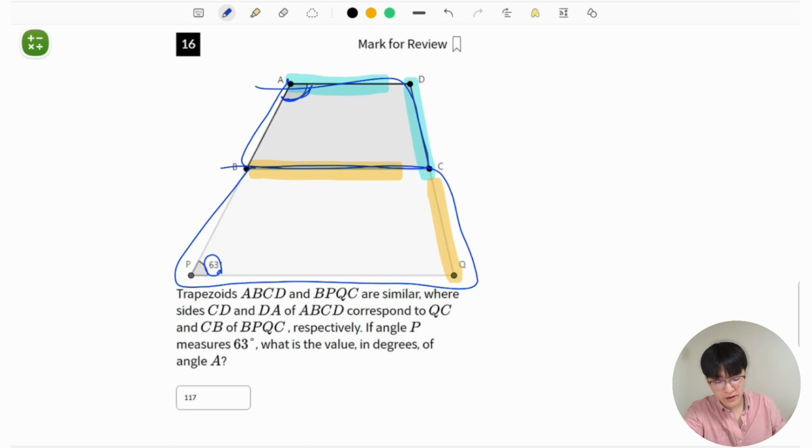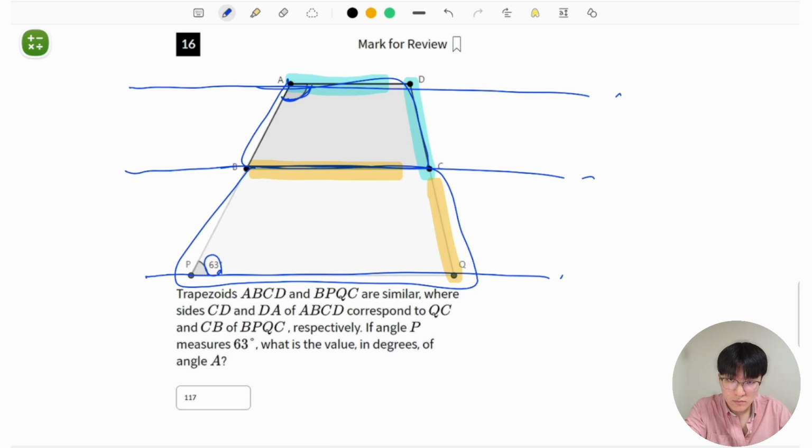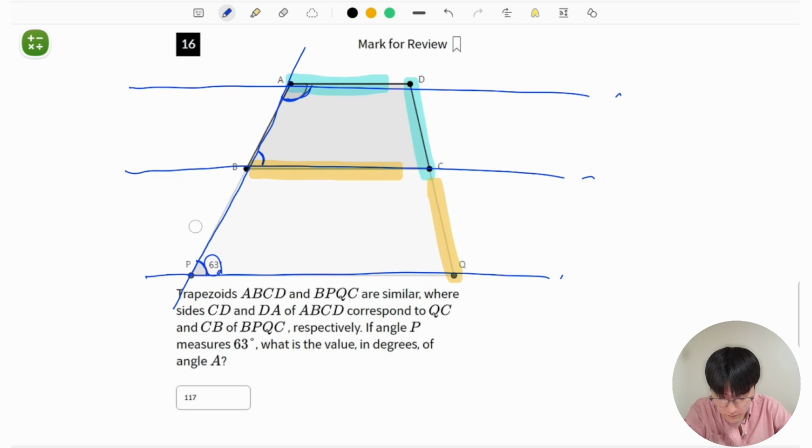Okay, so what we have to understand is that in this trapezoid, PQ, BC, AD are all parallel to each other. Okay? Meaning this angle also, since this angle is 63, then this angle also has to be 63 degrees.